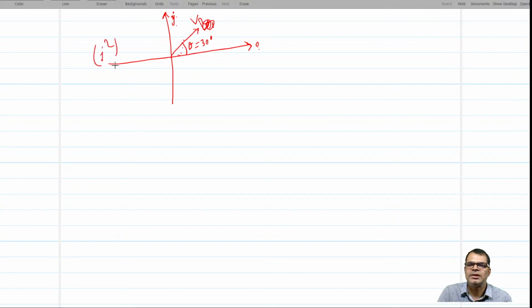What is j square? Minus 1. Minus 1 means 180 degree. Then this is your j to the power 3, which is minus j. j, you know, is the root of minus 1.